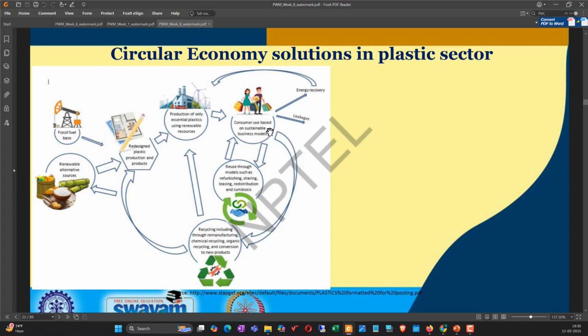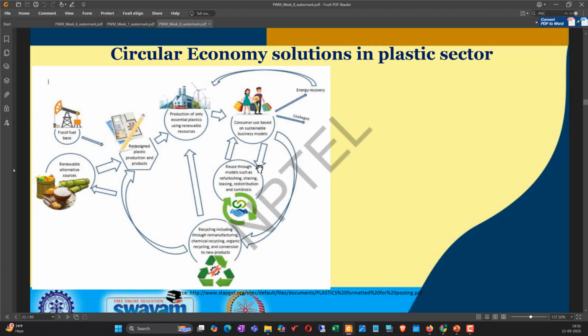Then consumer use based on sustainable business models. So whatever is sustainable, there will be business. Some will be going for energy recovery, coming back to the plant for the energy requirement, and then some will be leaking. As this leakage will be mostly coming because of renewable electricity sources, there is less problem to the ecosystem as compared to the usual synthetic plastics that are mostly spreading across the world and in India, right?